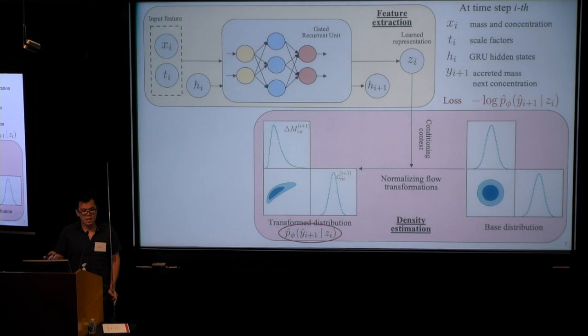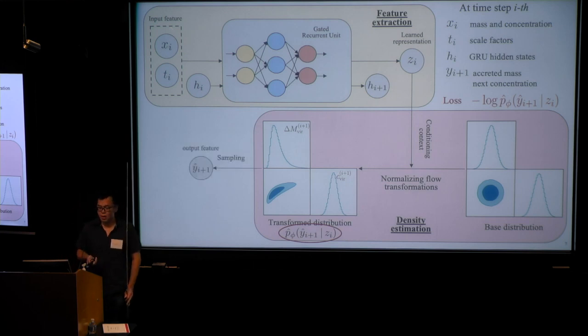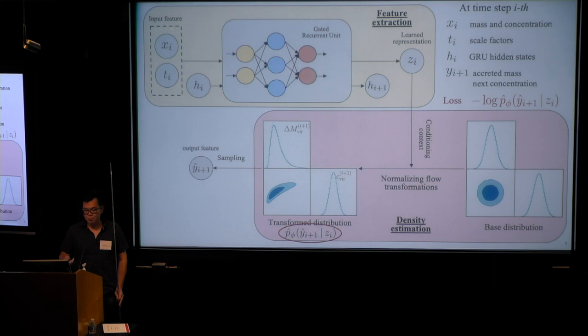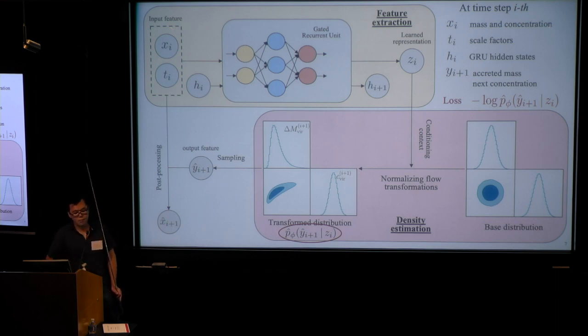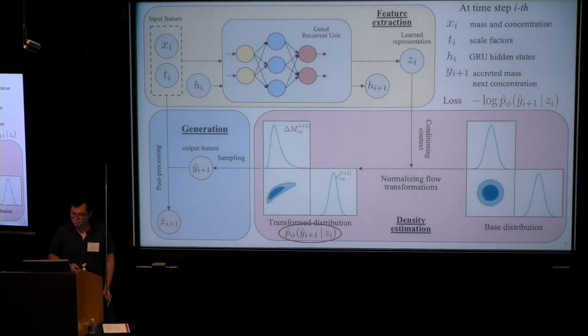During training, I will minimize the loss function, which is the negative log likelihood that I show here. During sampling, you can sample directly from the output of the normalizing flow, from the estimated distribution, and you can modify this output. Because I have accreted mass here, I convert the accreted mass into the mass of the next progenitors in some kind of post-processing phase, and this is the generation phase.